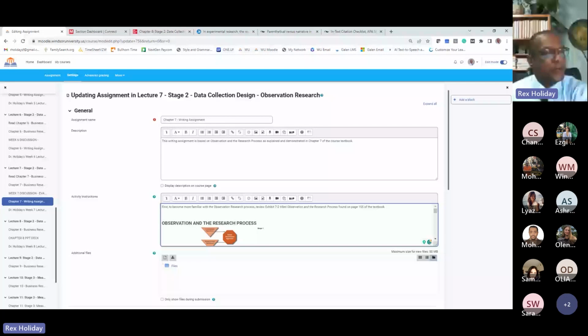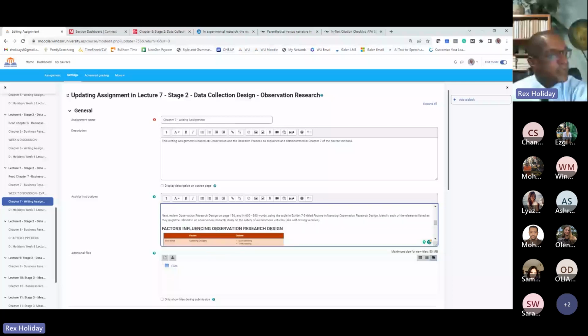Then down here it says, next, review observation research design on page 156, and in 600 to 800 words, using the table titled Factors Influencing Observation Research, identify each of the elements listed as they might be related to an observation research study on the safety of autonomous vehicles, known as self-driving vehicles.